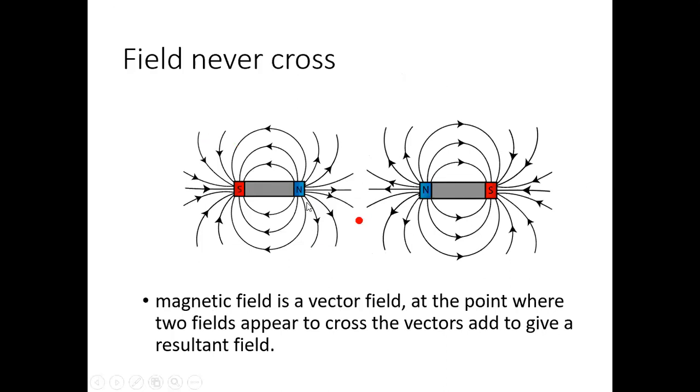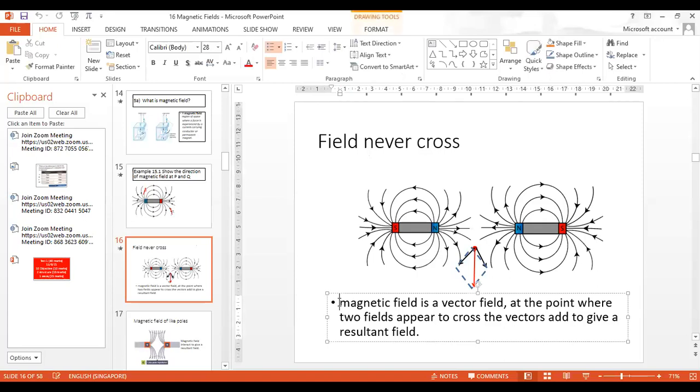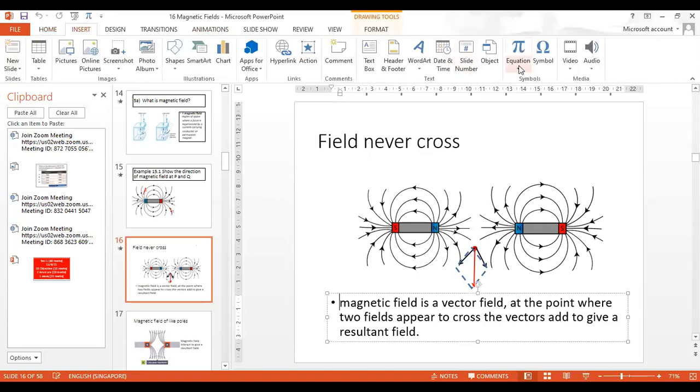Why does the field never cross? I mean, they don't intersect. Why don't they intersect?